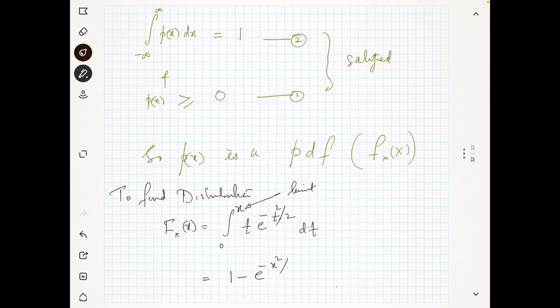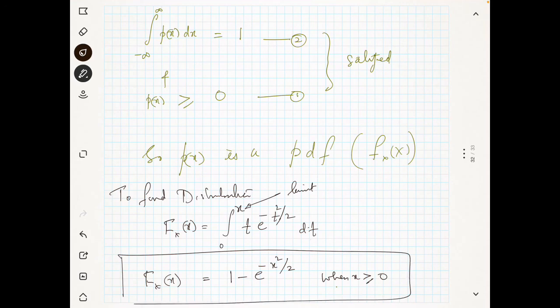So 1 minus e power minus x square by 2 when x is greater than or equal to 0. So this is my fx of x, this is my answer. I hope this is clear to you.